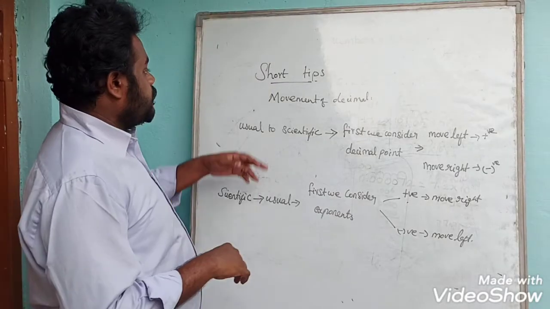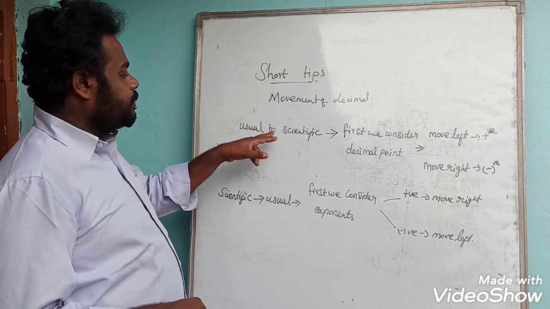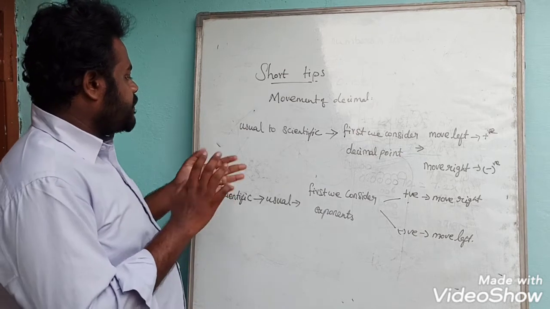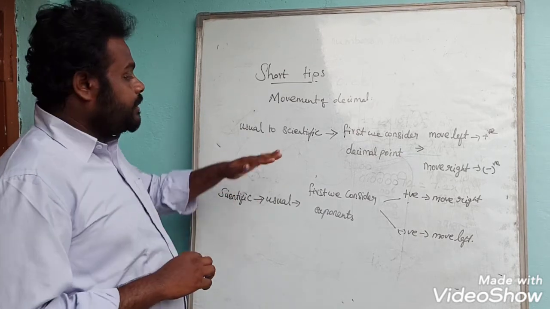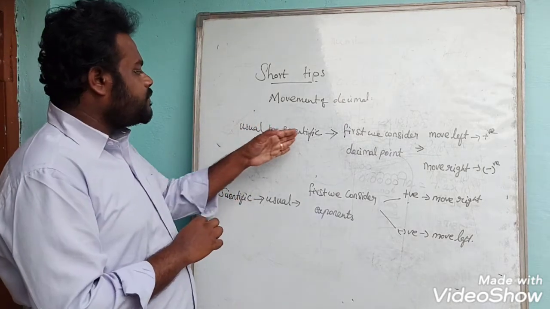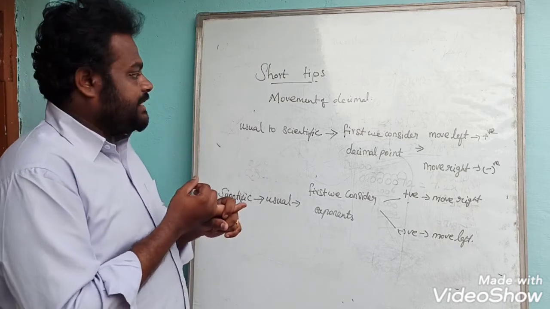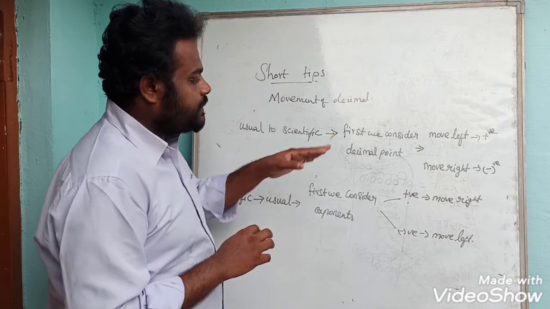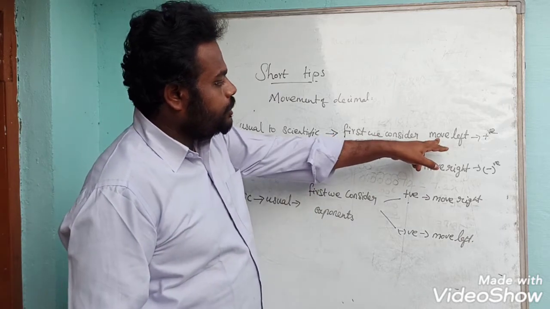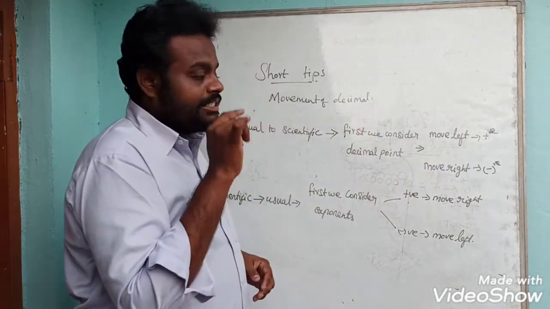So now I will show short tips for movement of the decimal point, from usual method to scientific notation, and then scientific notation to usual form. First, usual to scientific notation. In this method, first you have to see where the decimal point is.